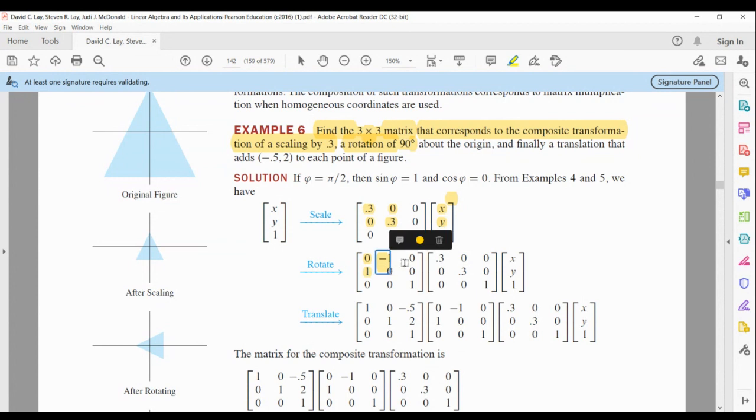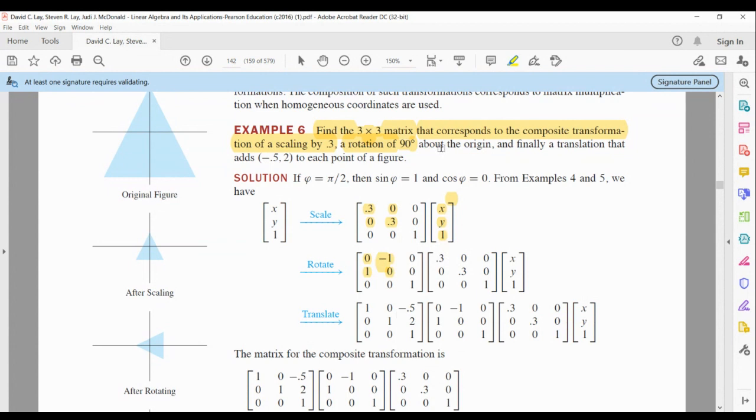To find my matrices, I like to use the theorem from section 1.9, where you transform your E1 and E2 vectors into the new vectors, and then you get your matrix out of that, because it always works.